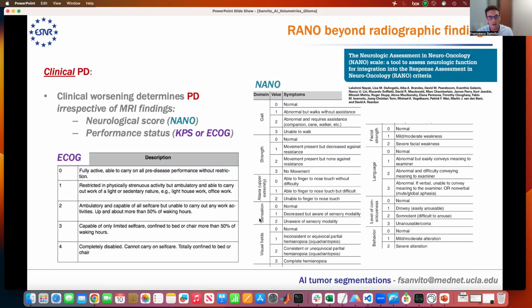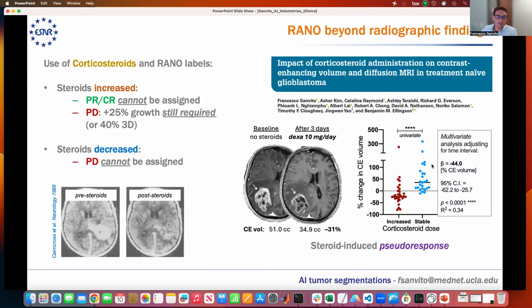I do want to remind that Rano is not only about images, you should also account for neurological and clinical worsening if that happens. And you have to account for corticosteroid doses. We've known since the 80s, essentially, that corticosteroid administration causes a shrinkage in the tumor, especially in the contrast-enhancing tumor, and this is a good example of what is essentially considered a pseudo response.